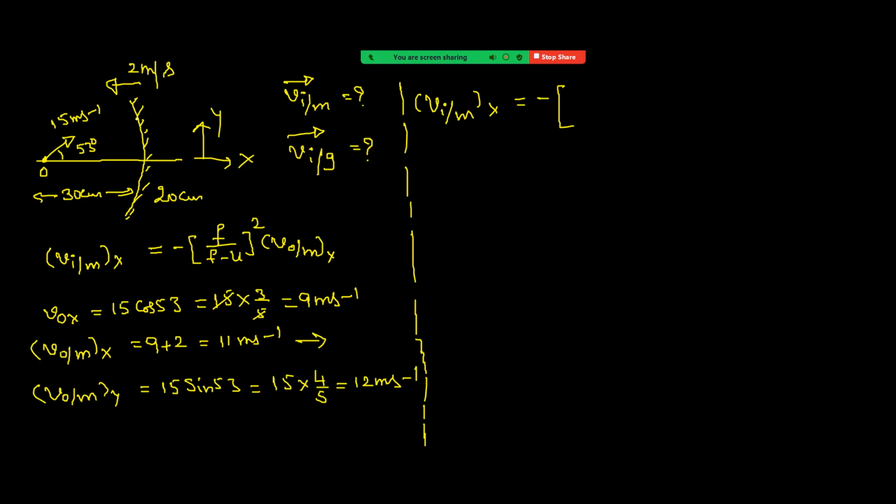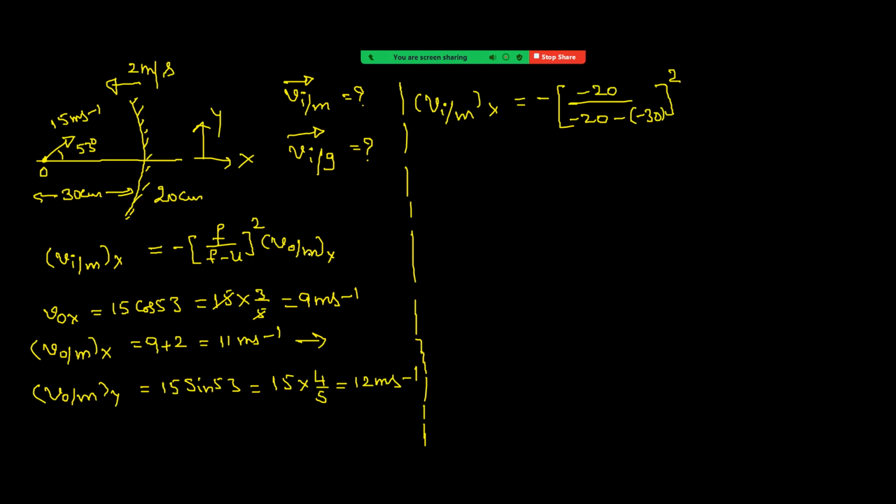This is a concave mirror, so according to sign convention, the coordinate of focus is minus 20. Next, f value minus 20 minus u value. u is now minus 30, so minus 20 plus 30, whole square.